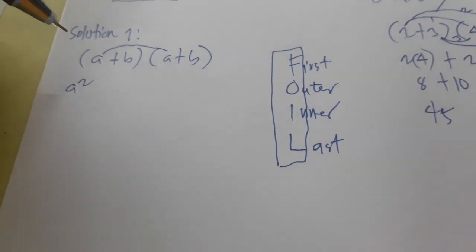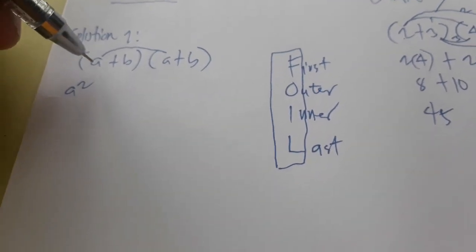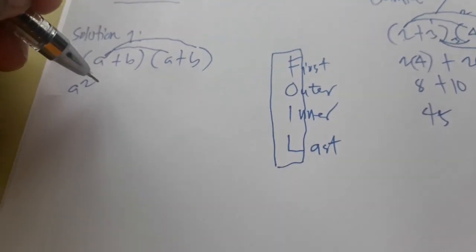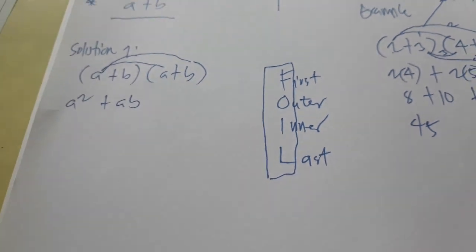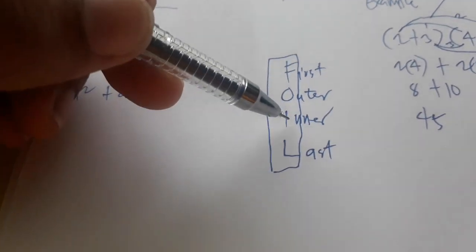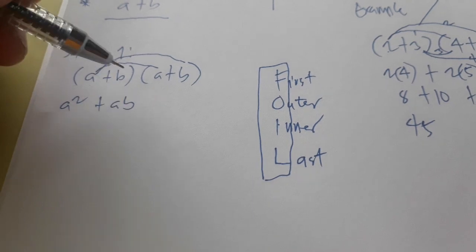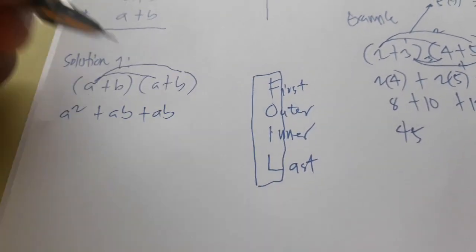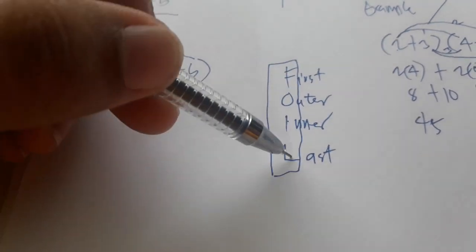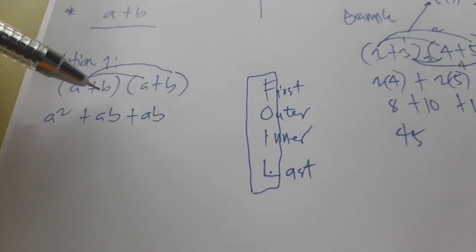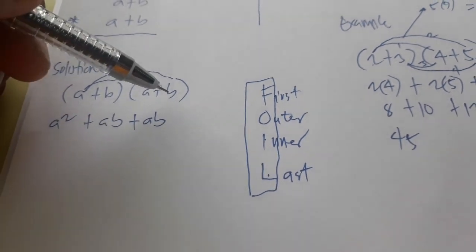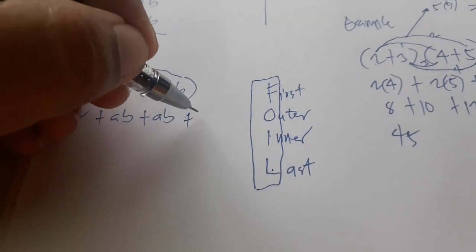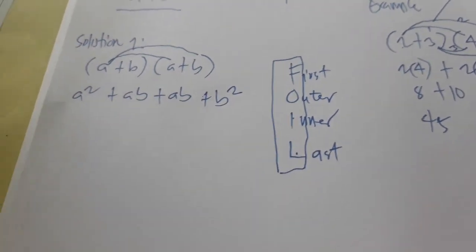Then for outer, a times b is our second stroke, so we have ab. Our inner is b and a, so we have b times a, which is ba or still ab. And our last is b and b for the second binomial, so b times b is b squared.